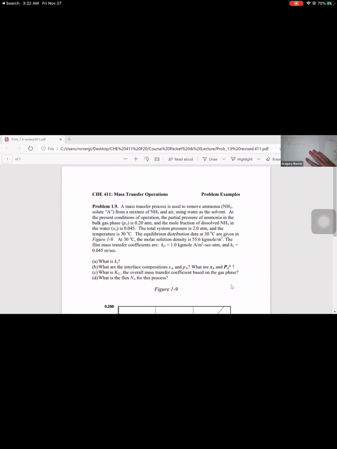Now, say we wanted CAL. Well, CAL is going to equal XA multiplied by CL. Okay, but remember that CL is approximated by the density of the solvent divided by the molecular weight of the solvent. In this case here, we should probably label this. A is NH3, and B would be H2O, and C would be air.